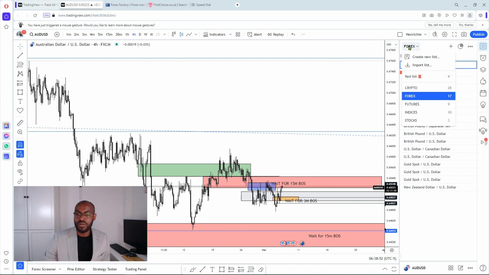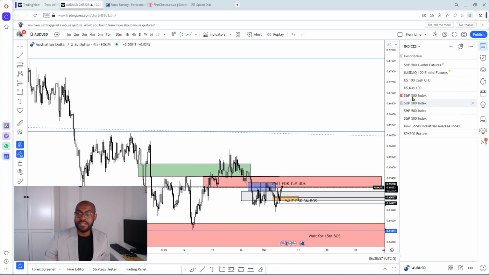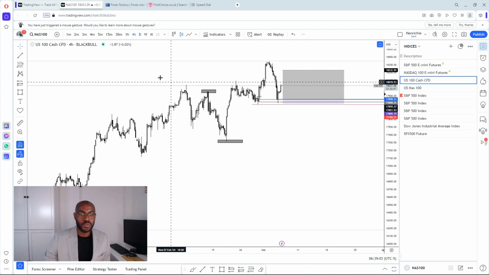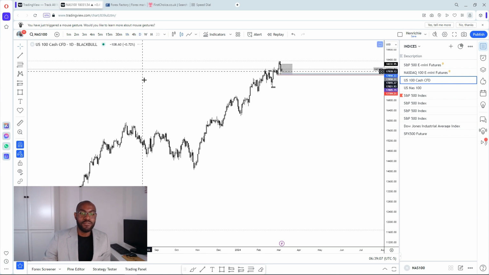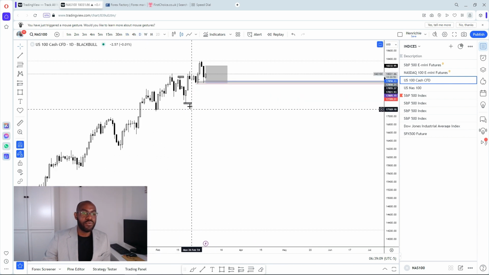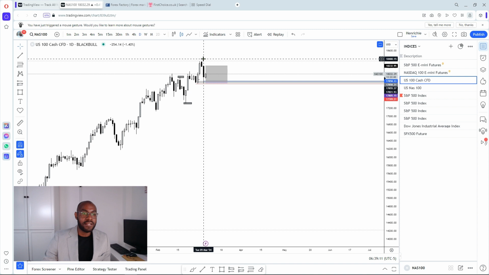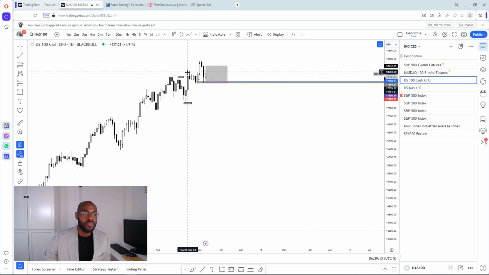So the next one we're going to be looking at is the indices, to see what the indices are doing as well. So for the indices, if we go to the daily time frame, we can see we created a low, and then this is our overall high right here.